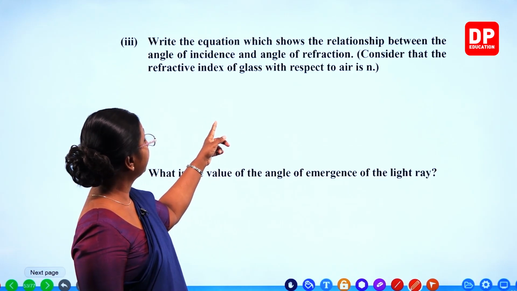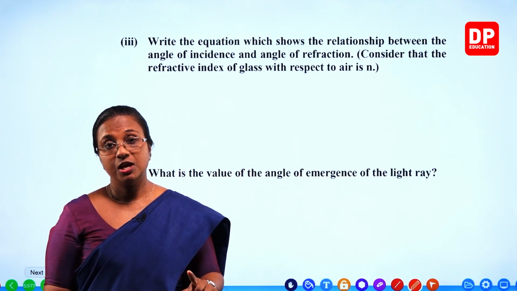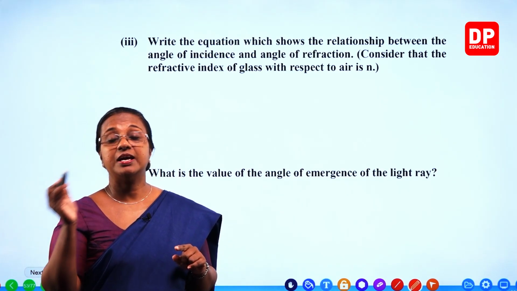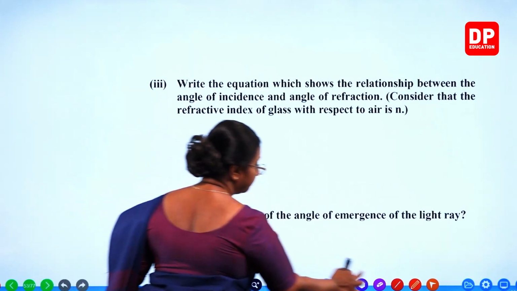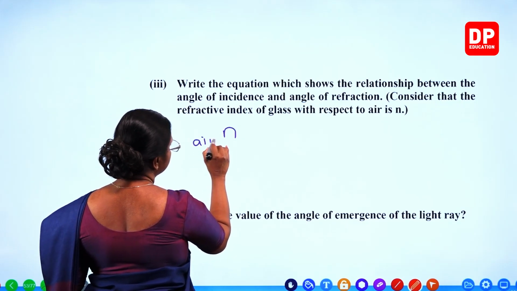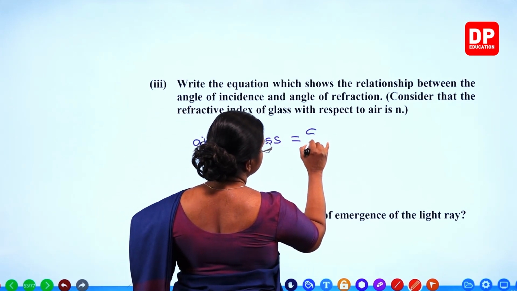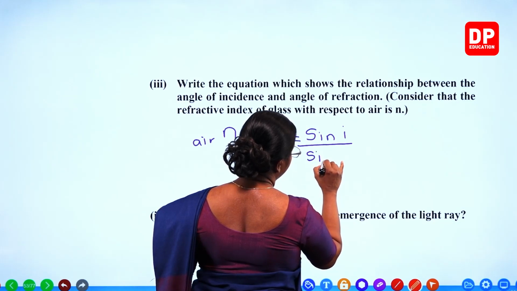Normally, we use the symbol eta and there we need to specify air to glass. So here also, when you write N air to glass, it has to be sin I over sin R.